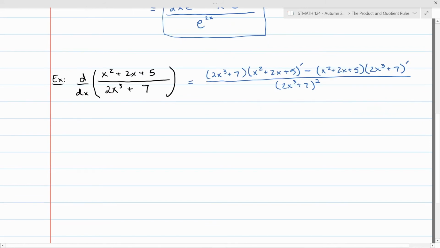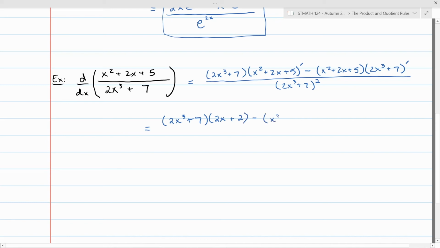Then you square it. And so at this point, you just want to calculate those derivatives. So you have 2x cubed plus 7, and the derivative of that polynomial x squared plus 2x plus 5, you can break up into the derivatives of the individual terms. So the derivative of x squared is 2x, the derivative of 2x is 2, and the derivative of 5 is 0.